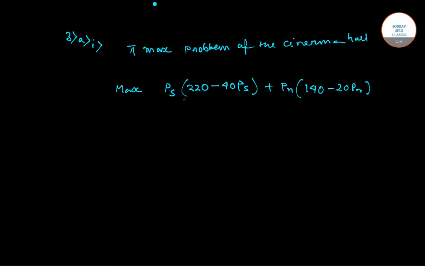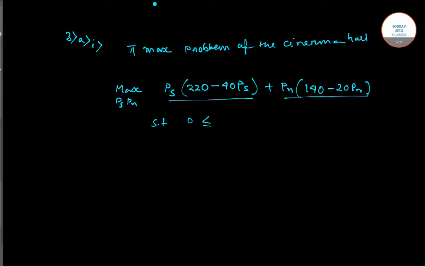This is nothing but price and quantity. This is subject to PS, PN greater than 0, and PS must lie between PN and 0. These are the pieces of information given in the question.